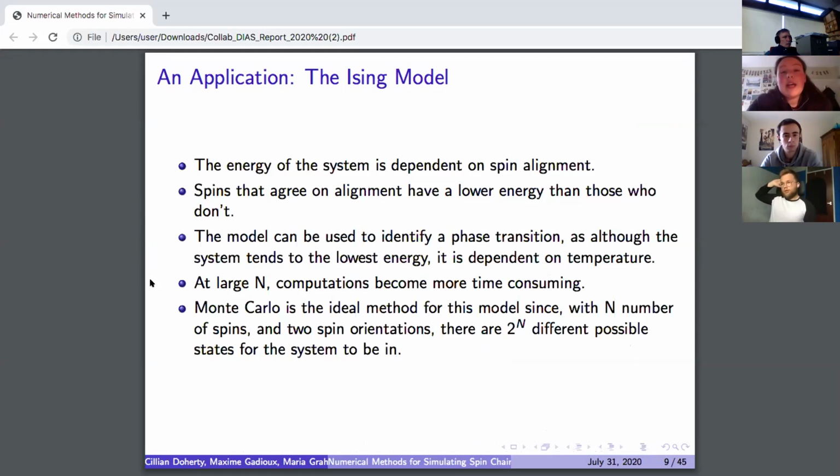Well, for large n, where n is the number of spins in the lattice, computations become way more time consuming. So this is an ideal method because since there are two spin orientations, and then n number of spins, there are 2 to the power of n different possible states for the system to be in.